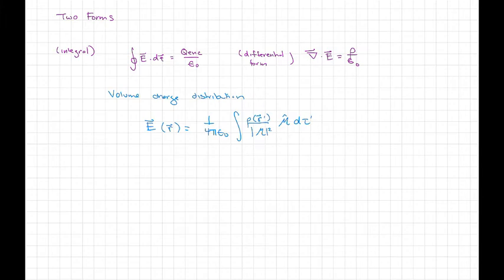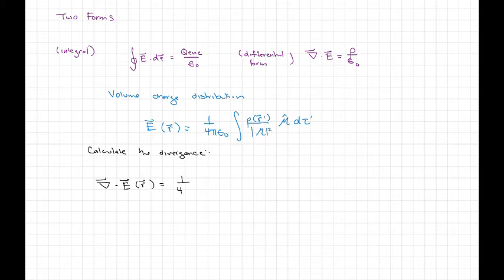And what I want to do with this volume charge distribution is calculate the divergence. So let's calculate the divergence. When I do that, I'm going to take the dot product with the del operator, but now I'm going to do it on this fancy integral.